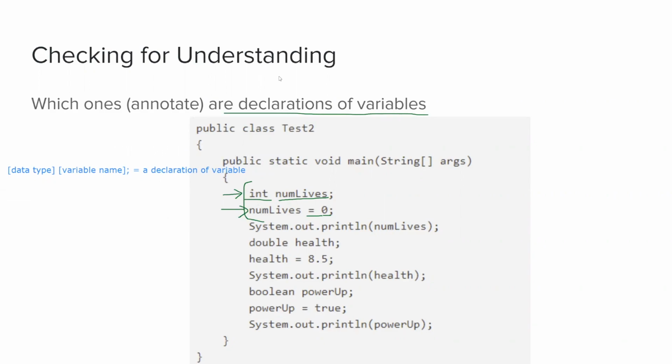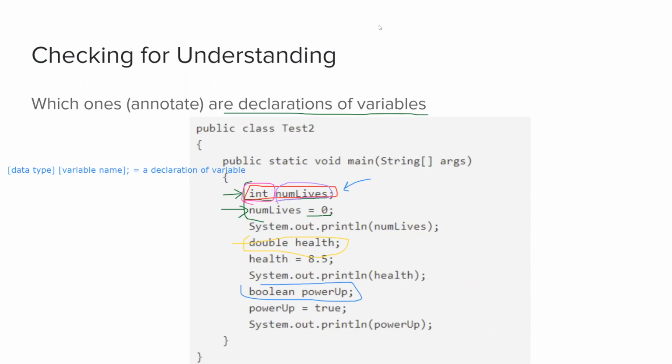If you can see in this code, after learning about that, there's one right here, a second one right here, and one last one right here. This one is a declaration because the data type is an int. I'll circle the data type in pink and the variable name in purple.